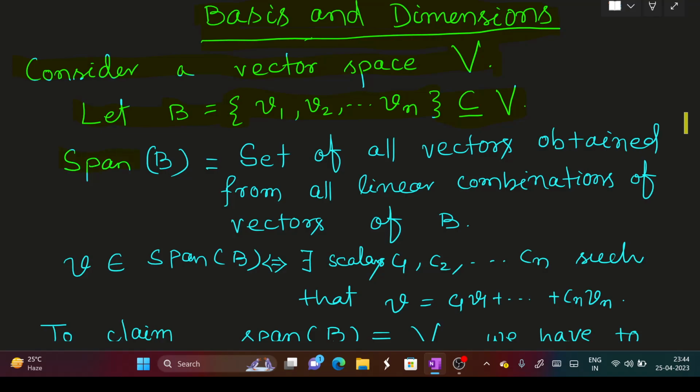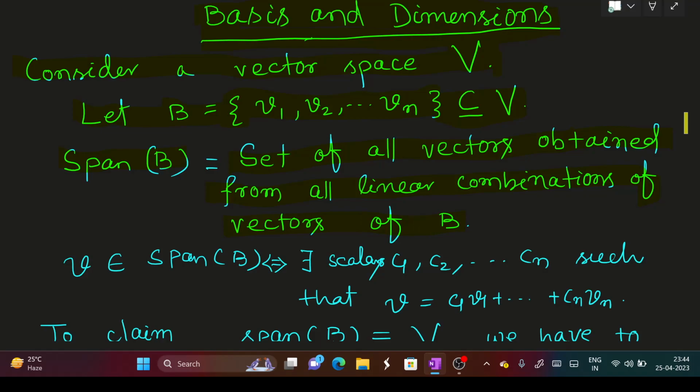Span of B means the set of all vectors obtained from all possible linear combinations of vectors of B. That means I will multiply any scalar to V1, another scalar to V2, and another scalar to Vn, like this.